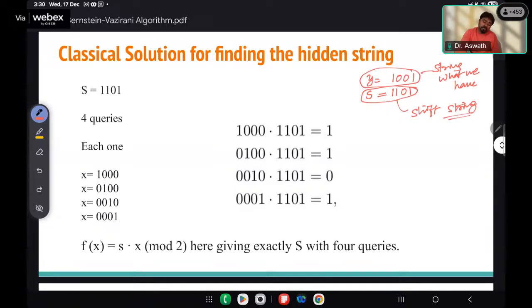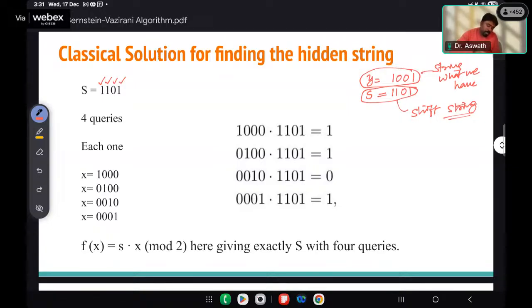The person will tell me it is 1, one query. Second one, similarly, he has to give me. With 4 queries, I'll find all the 4 bits. Classically, that is what is done. So I will ask, is your first bit 0 or 1?